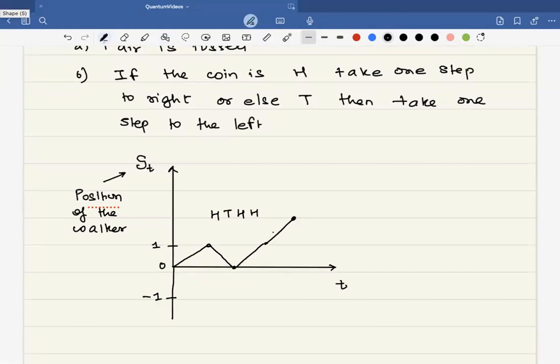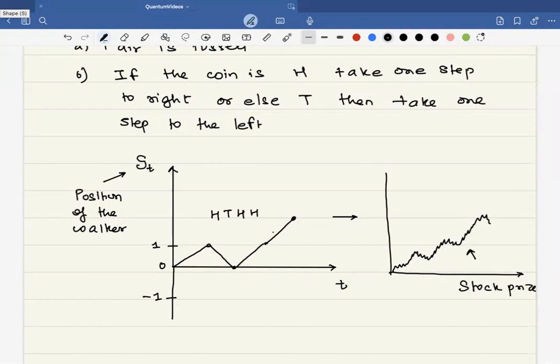And so this is another way to visualize the walk. And you can scale this sort of walk, and this walk eventually can start looking like this by appropriate scaling and adjusting the frequency at which you toss a coin. And this looks like maybe a stock price. So this is one way to make a classical walk useful in finance or economics.